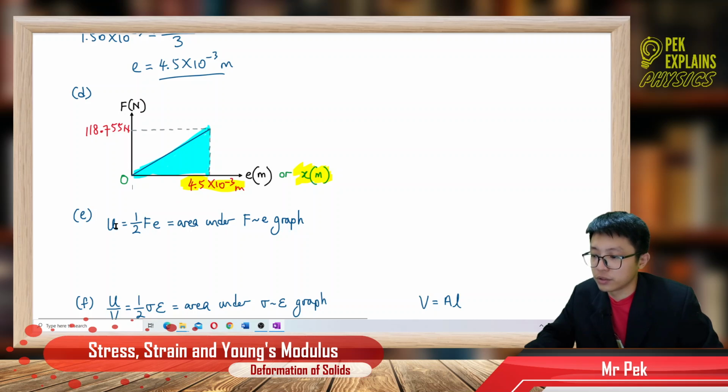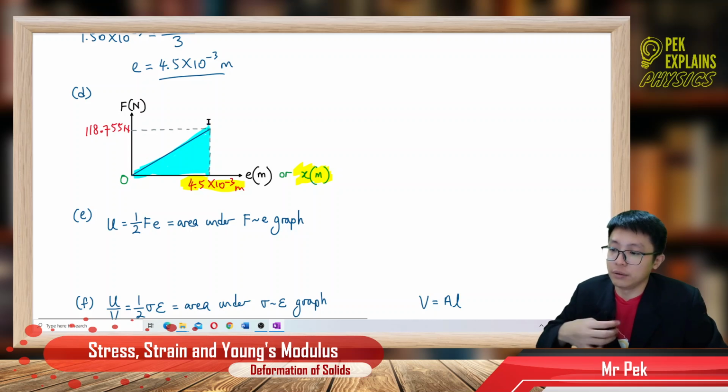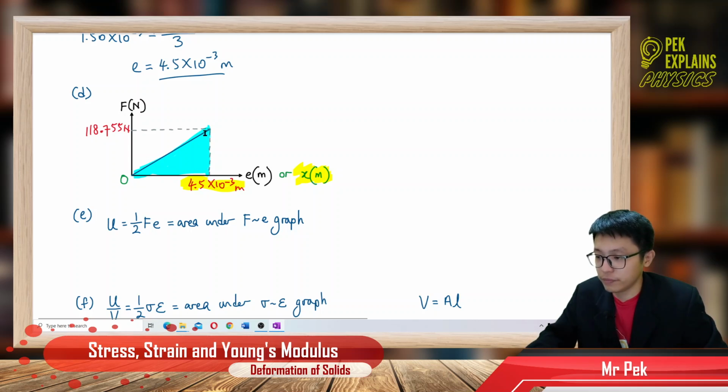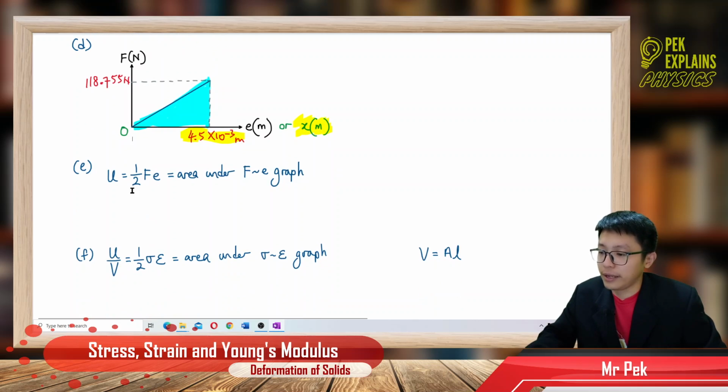So the strain energy is the area under the FE graph, which we have just built. The area under the FE graph is half FE, half times force times elongation. So just take this force and this elongation, multiply by half, and you get the answer.